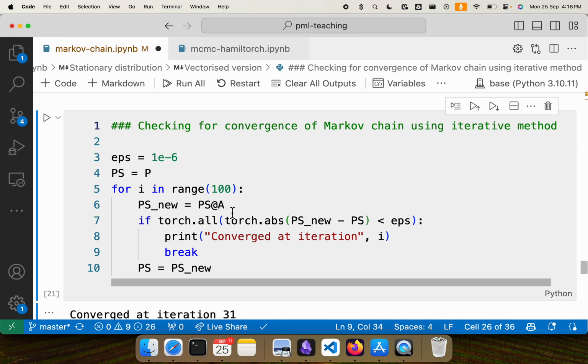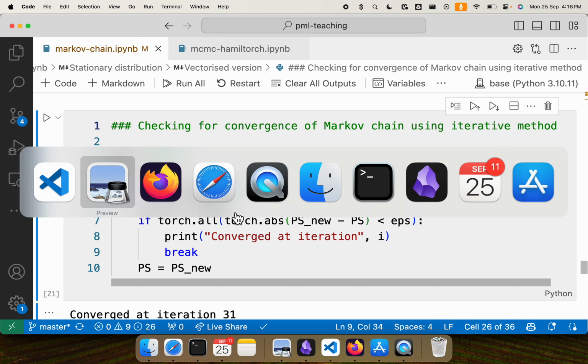This is an iterative way to do this. We could also do it in a more linear algebra way, where I can figure out the distribution exactly. Let me show you a worked out example for this, or why don't you work it out yourself?